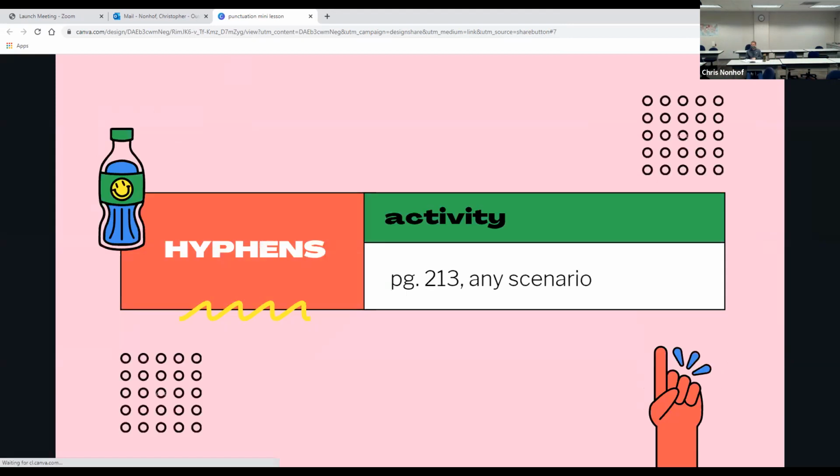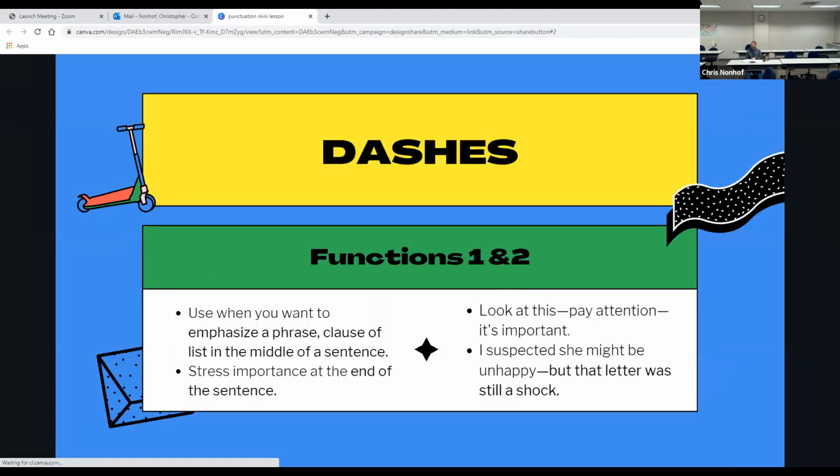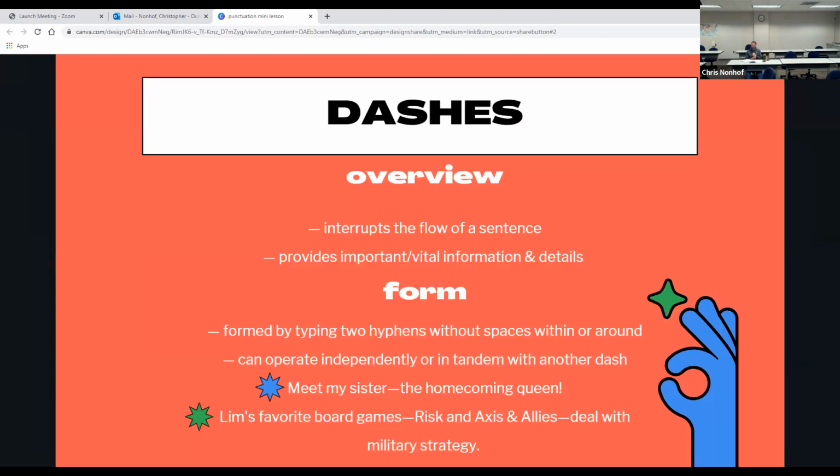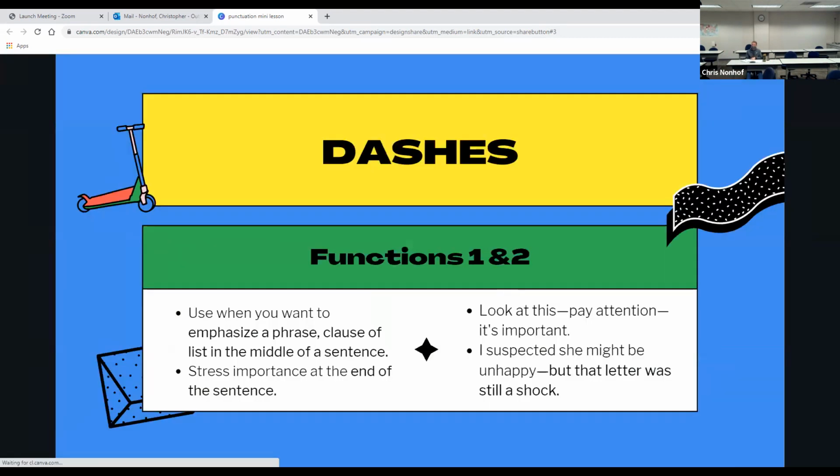And then I wanted to go back up to this one, functions 1 and 2. This sentence. Could we just make that 3 sentences?